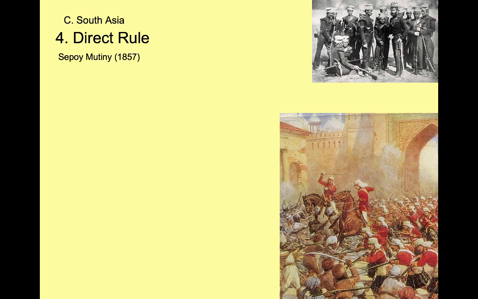You need dry gunpowder if you're going to put it in your weapon. At that time, in order to load the gunpowder and the bullet in your gun, you had to tear open the paper cartridge with your teeth and then dump the bullet and the gunpowder in your gun.